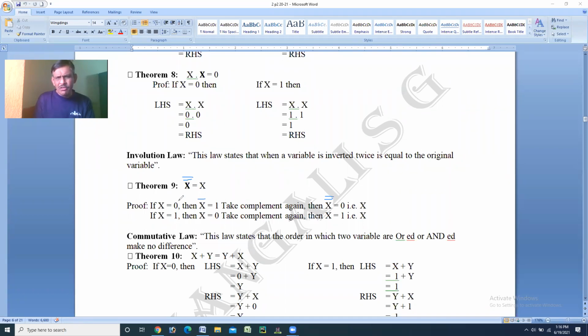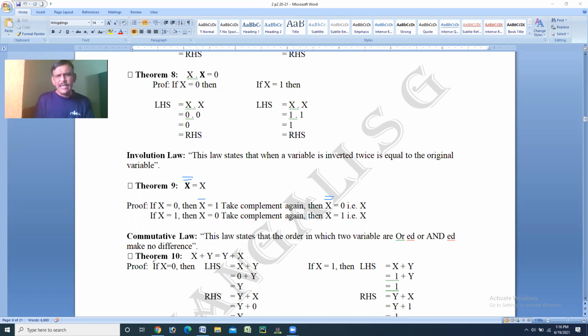I took x equal to 0, I found the complement of that, x complement equal to 1. If I again complement this, that is x double complement, 1 becomes 0. Normal variable x equal to 0, its complement is 1, and you perform again its complement, you will get 0. It means I took x equal to 0, again in the result I am getting 0. According to involution law, when a variable is inverted twice, again you will get the same variable.